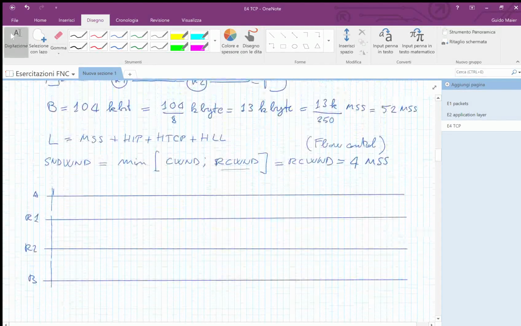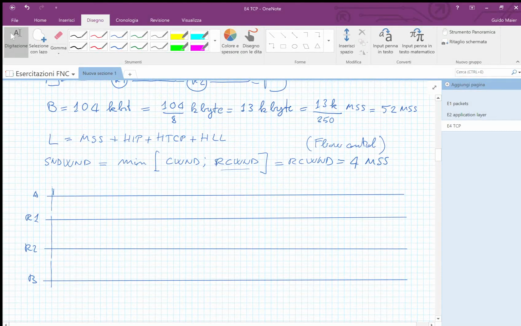Now the question is that before we can do the drawing, we have to ask if the transmission will occur without stops, or if the transmitter will have to stop after the exhaust of the window. This, as usual, depends on the round trip time in relation with the length of the packet, and so how many packets can be inside the window.